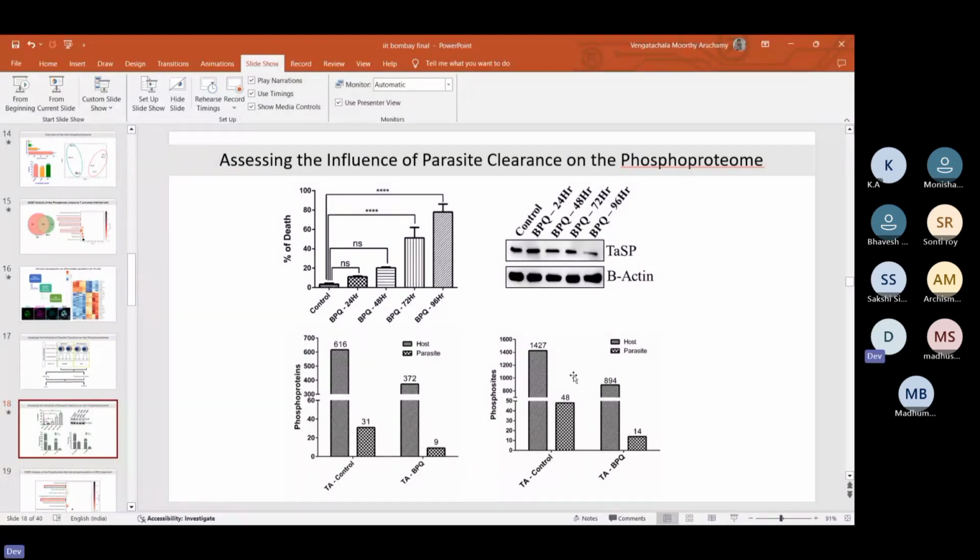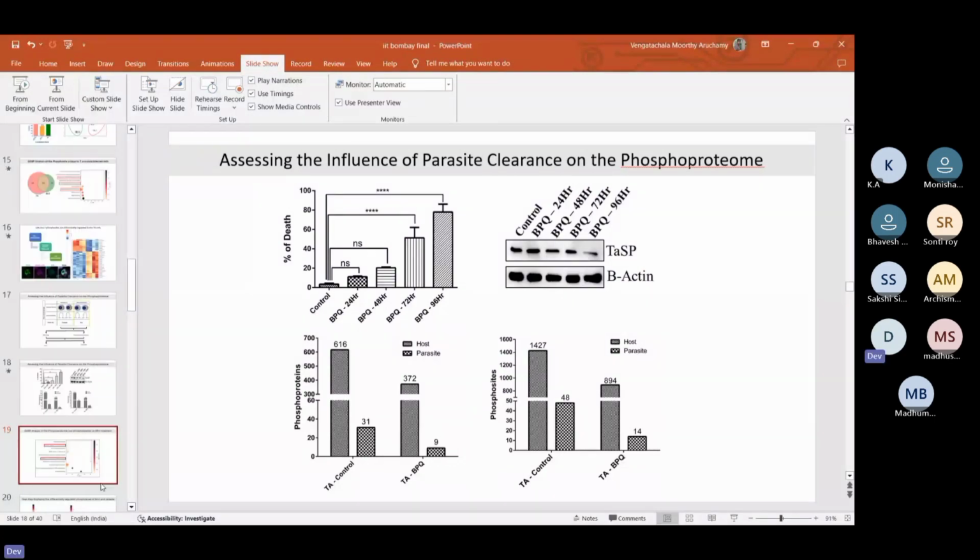Now coming to the number of phosphosites, around 1427 phosphosites were found in control, and almost 600 of them lose phosphorylation upon BPQ treatment. The same happens with the parasite, where the loss of phosphorylation is quite drastic compared to the host.